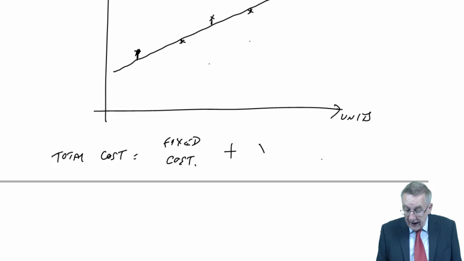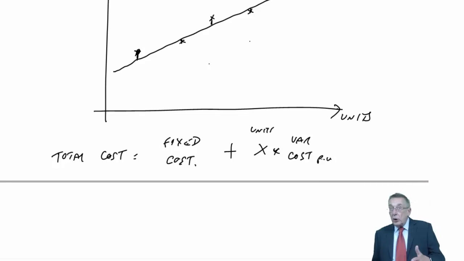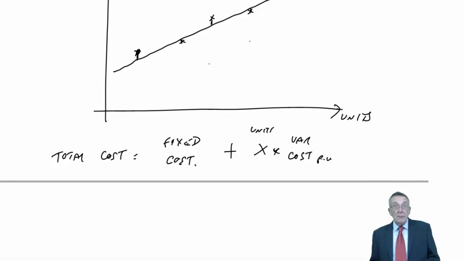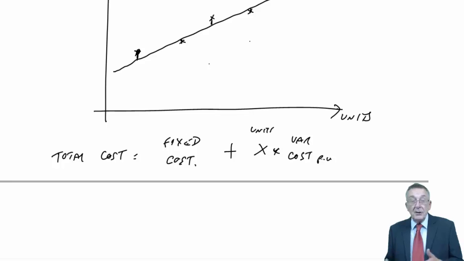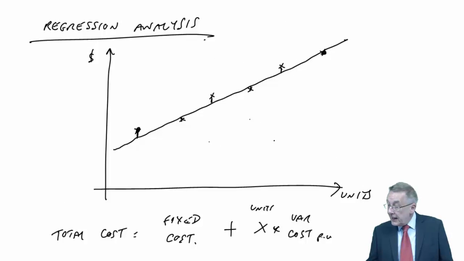So if x is the number of units, it's x times the variable cost per unit. Now, before we got the fixed cost and the variable cost using the high-low method, with regression, we're still going to calculate the fixed cost and the variable cost per unit, but in a more efficient way.